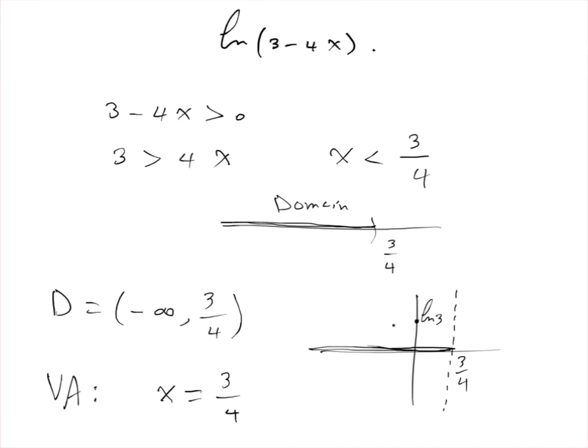Then to cross the x-axis, you set this equal to 0. That means 3 minus 4x has to equal 1, because we know ln of 1 is 0.